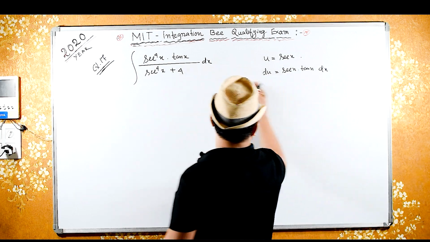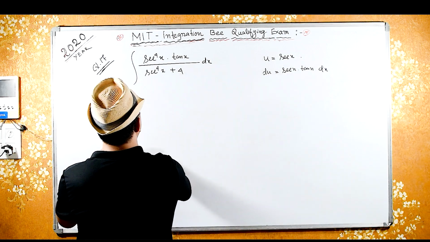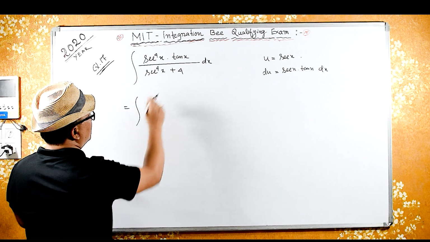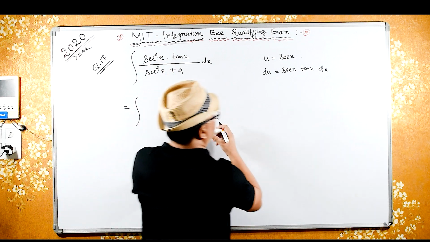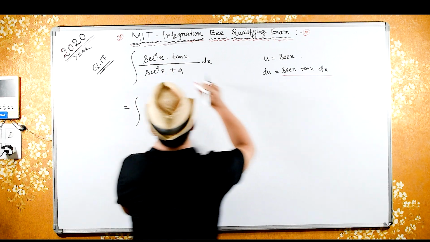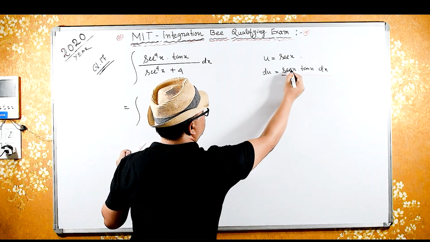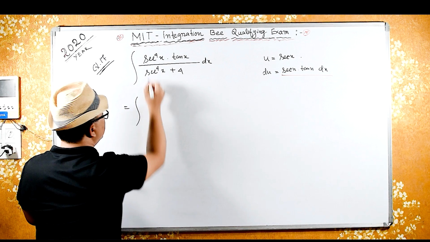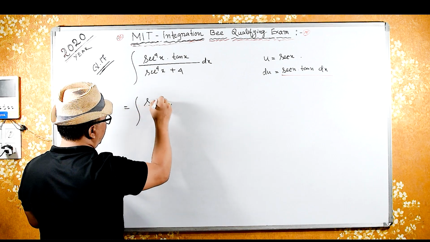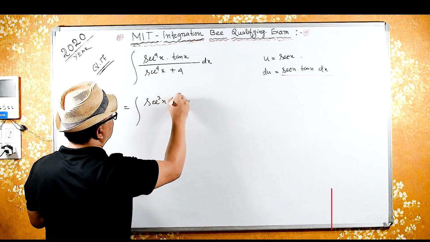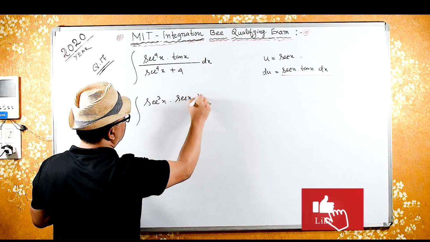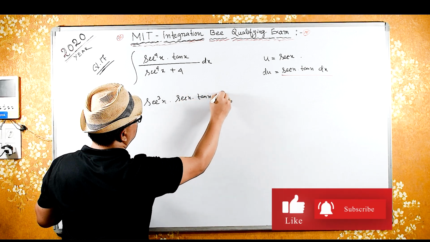So let's do one thing. Instead of sec x tan x dx, I write du. Now instead of sec^4 x, I can break it as sec^3 x into sec x tan x dx.